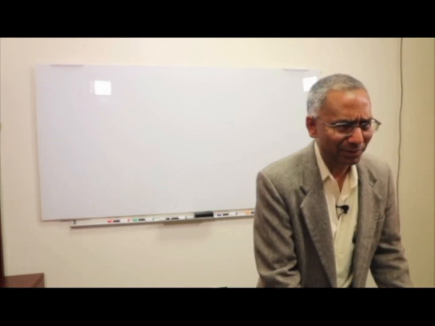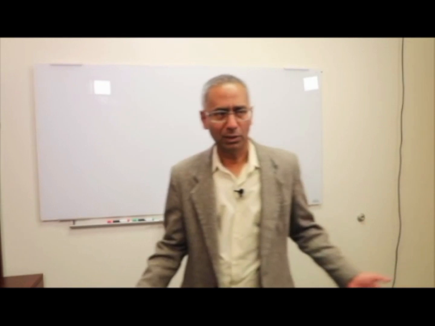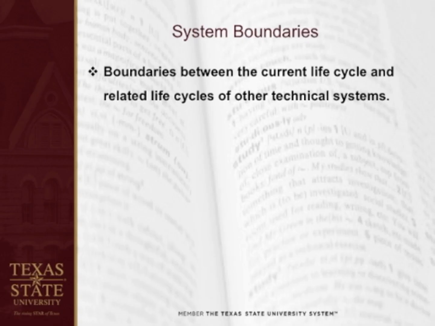And the last thing is, sometimes cradle to grave may be too much. So you may decide a boundary between your current life cycle that you're interested in and related life cycles that precede and follow.